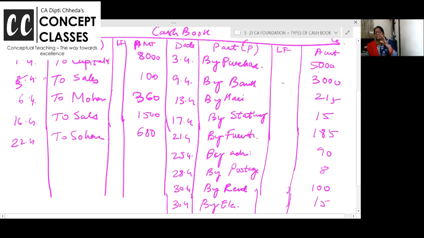Whenever I was receiving cash, I debited cash. Whenever I was giving cash, I credited cash. How much you are getting the total? Total first you write it on the debit side. This is all the cash received.